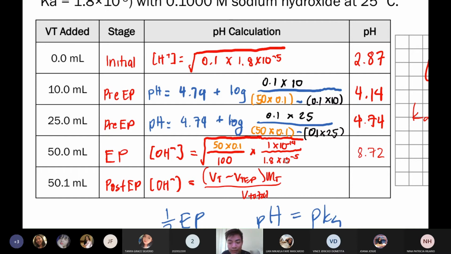Same lang to sa MTVT minus MAVA, because we are getting the excess mole of the base. Ito yung excess volume ng base, concentration ng base. Makuha mo doon, excess mole divided by the V total. Kaya ganyan yung equation. Plug in na lang.